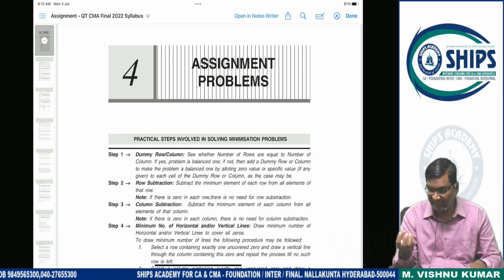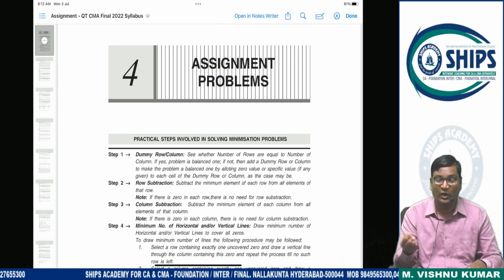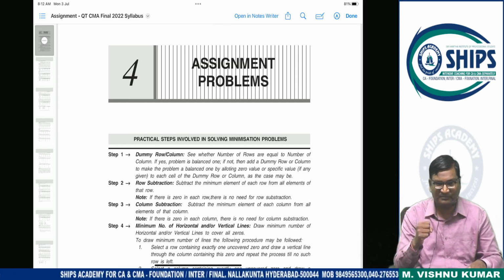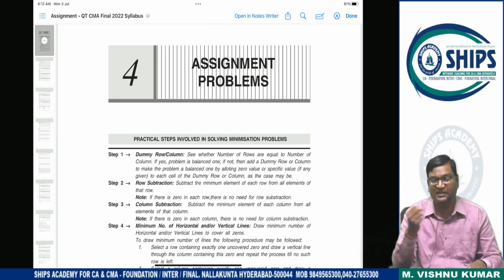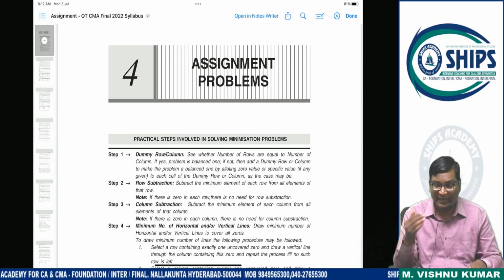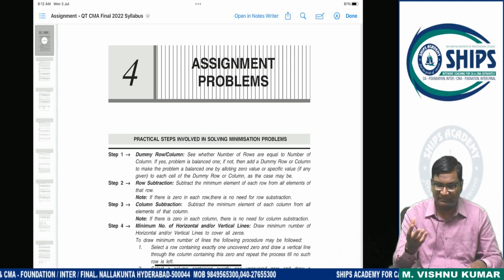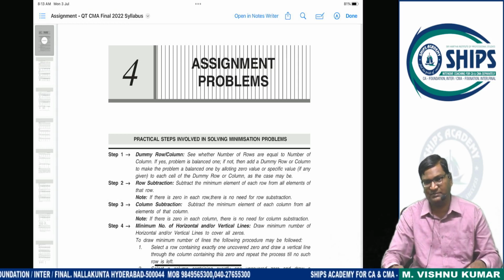So by using those limited resources, how can we achieve the objective? By minimizing the cost and maximizing the profit, this is called operational research.